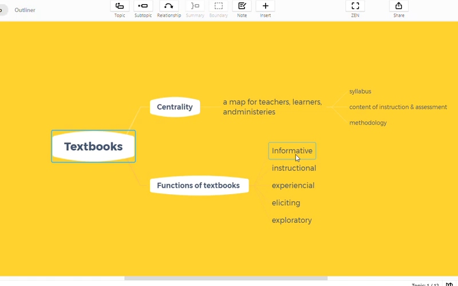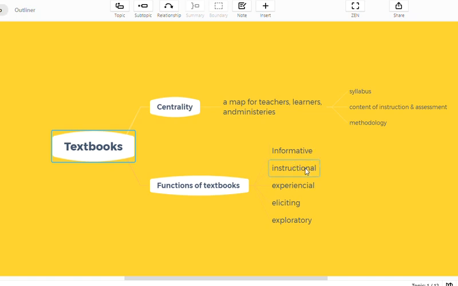Or you are reading a chapter and it talks about word formation, prefixes, and suffixes. So it only informs you about language, about the structure of language. You see that this quality and this function is present in all textbooks.